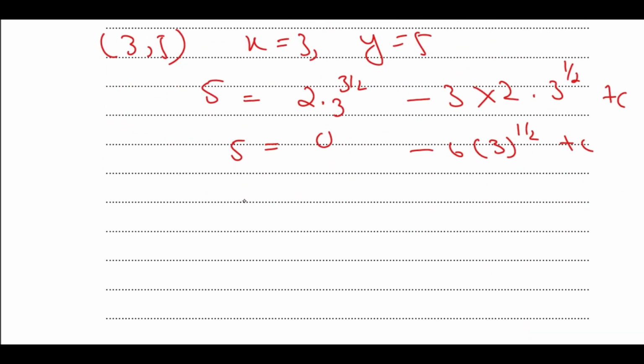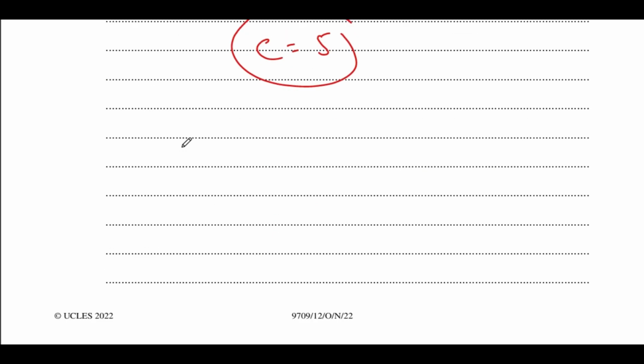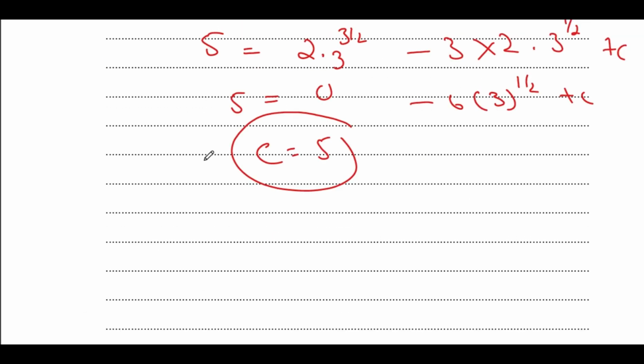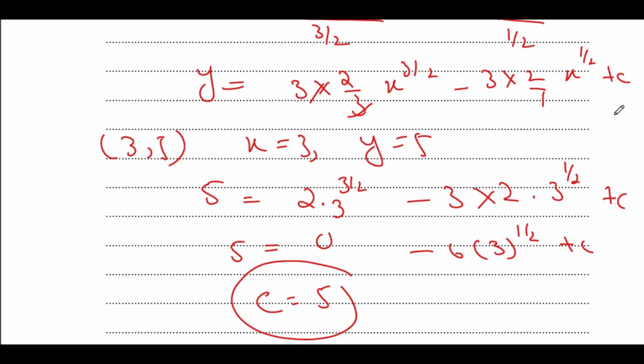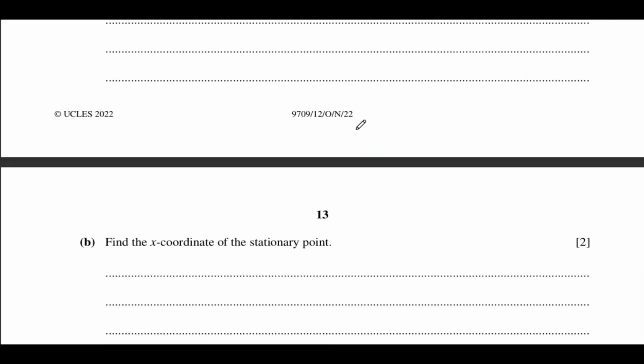So 5 equals 0 minus 6 times 3 to the power half plus c. After solving this we will get c equals 5. Now when c is calculated we will use the value of c over here and the equation is already formed.